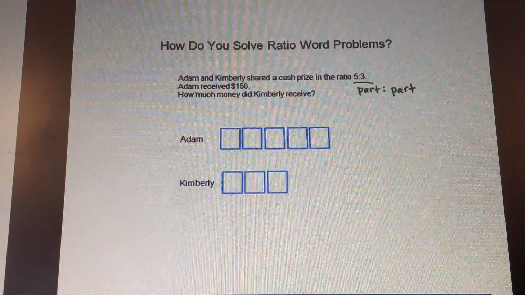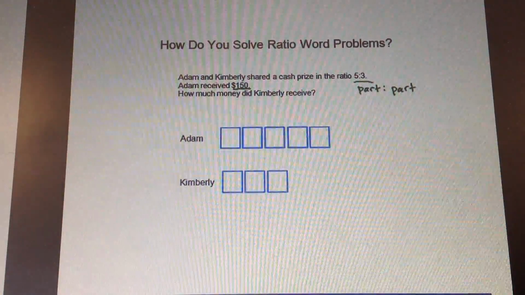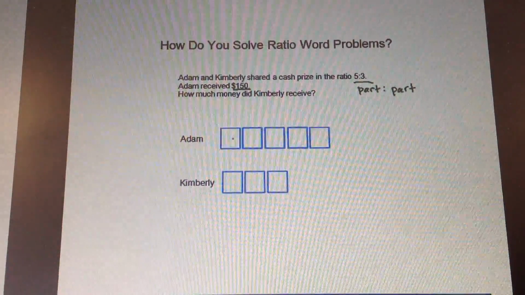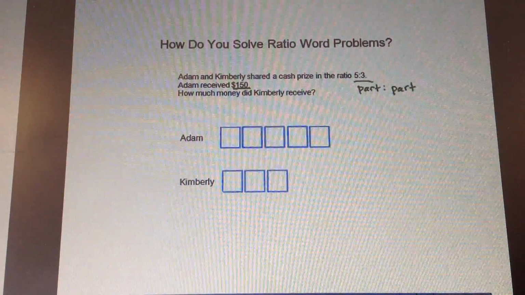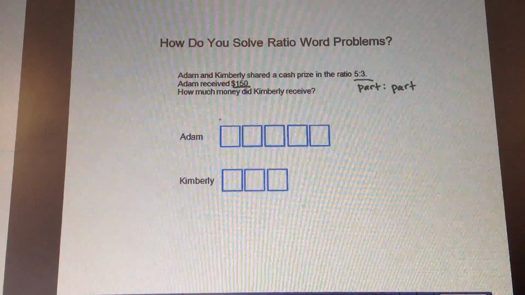The problem tells us that Adam received $150. That means that the 5 boxes I drew altogether represent $150. So let's show that.